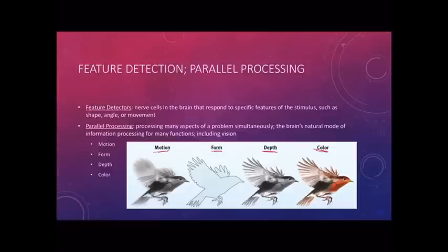And so you'll have a feature detector for detecting motion. You'll have a specific feature detector for detecting form, a specific feature detector for detecting depth, a specific feature detector for detecting color, amongst other things. So feature detectors enable parallel processing.